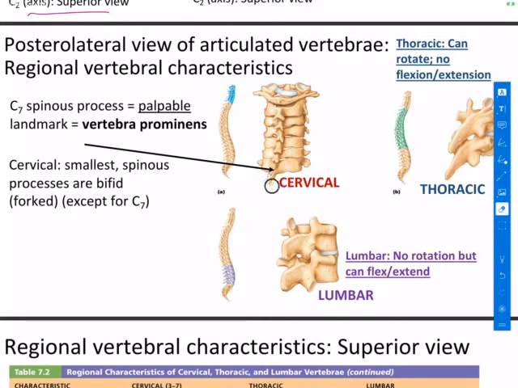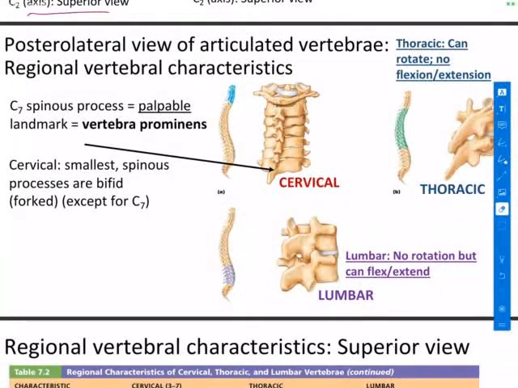And of course, this can vary somewhat between people, but generally speaking, the 7th spinous process is the only one of the cervical vertebra that's not forked. C7 has a special name too. It's called vertebra prominens, and the reason is because it's a very prominent vertebra. You can palpate it, and as such, it can be a landmark when you're counting vertebra, because you can easily feel that 7th one since it has a very prominent spinous process.